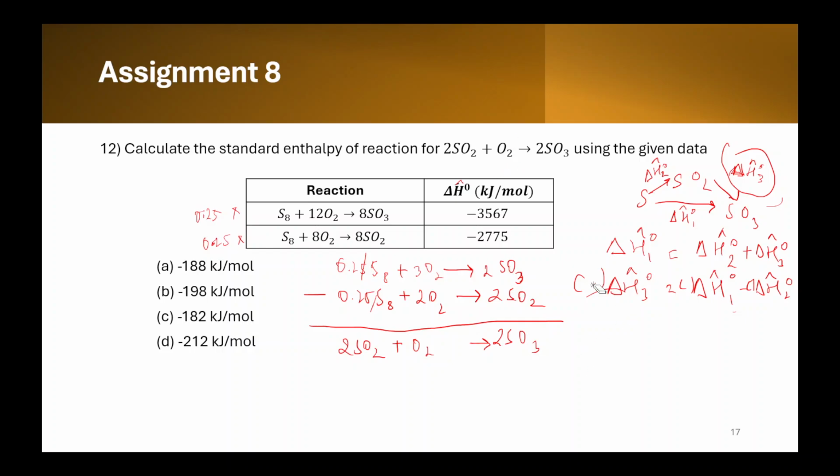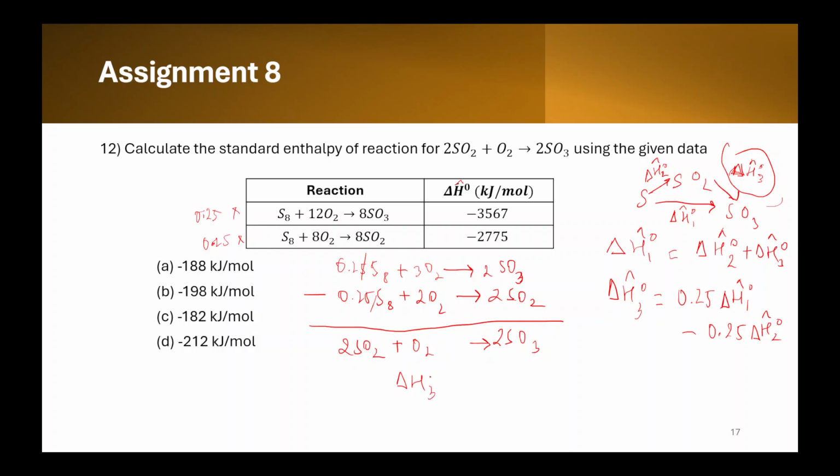So the final, we can write this as delta H3 cap will be 0.25 delta H1 cap minus 0.25 delta H2 cap. Okay, so that is what we will write here.